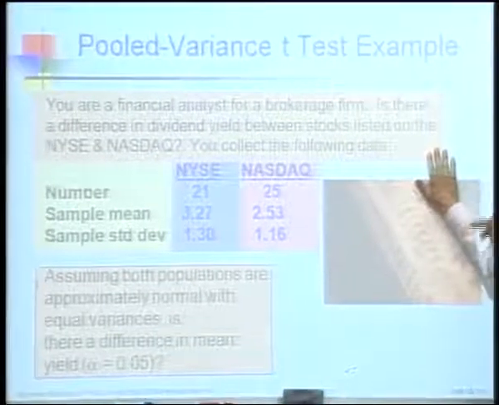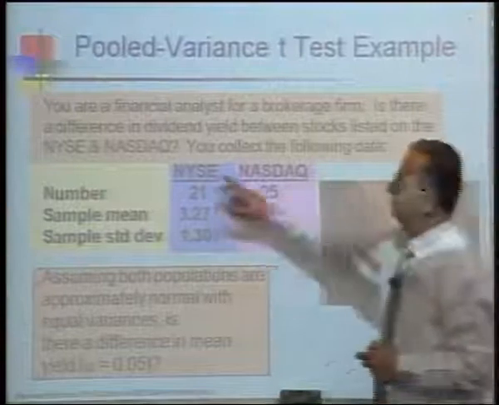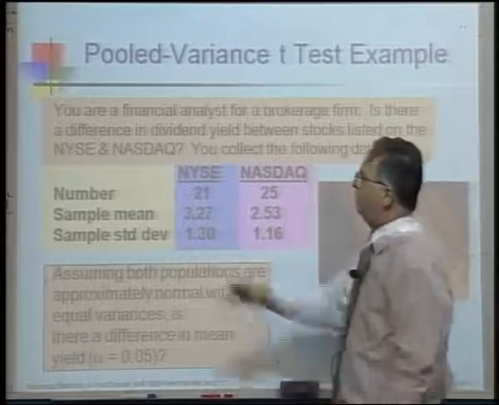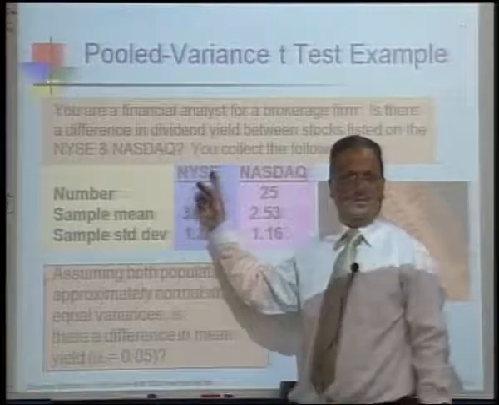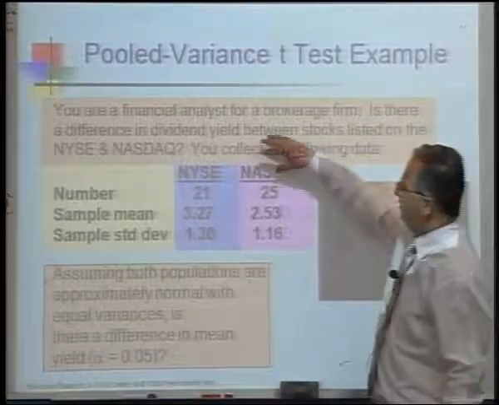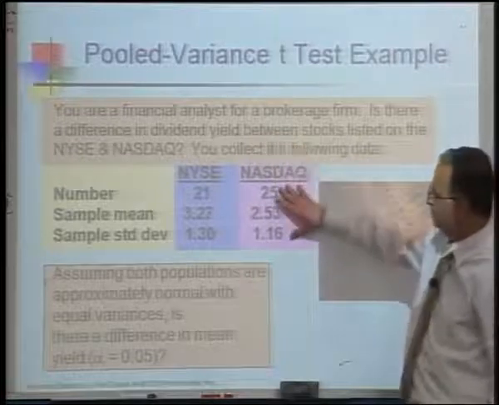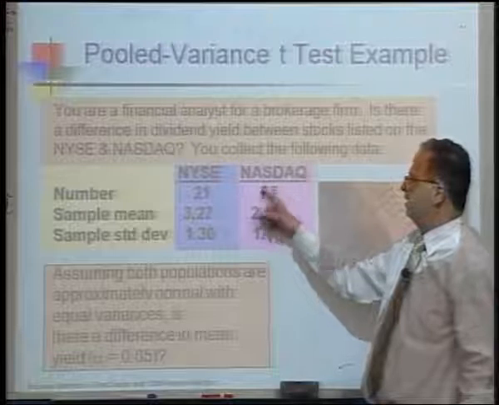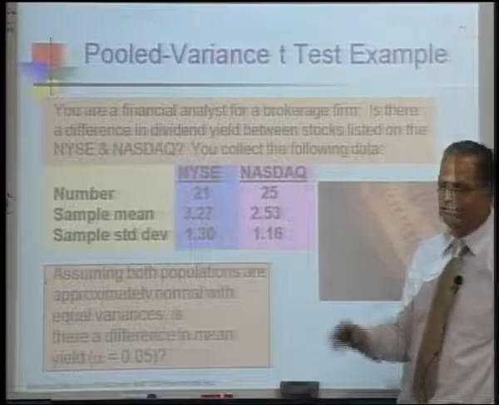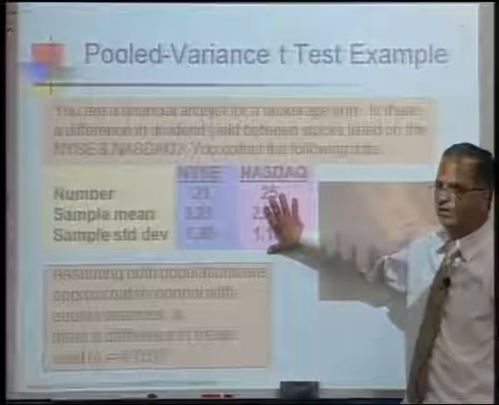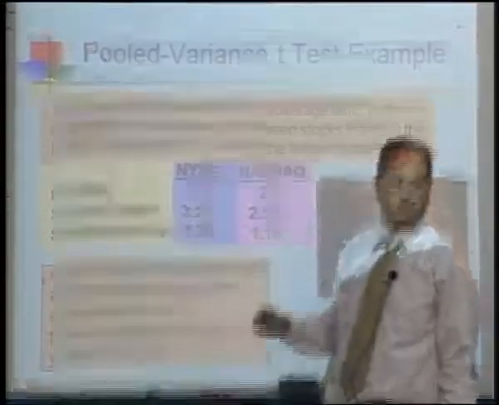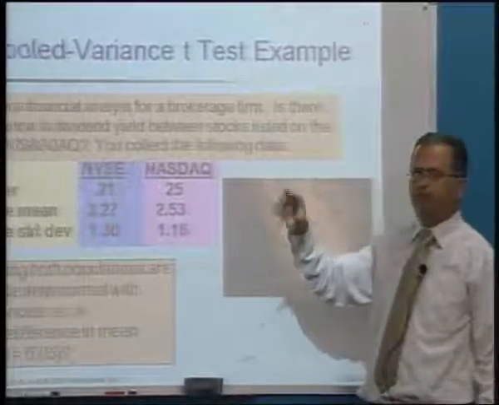So we have data for two different stocks, one for the New York Stock Exchange and the other for NASDAQ. We have a random sample of size 21 from the first one with standard deviation 1.3 and sample mean 3.17. The other sample gives the following results: a random sample of size 25 with mean 2.53 and standard deviation 1.16. So this is the information we have: sample sizes, sample means and sample standard deviations. So that means population variances are unknown.